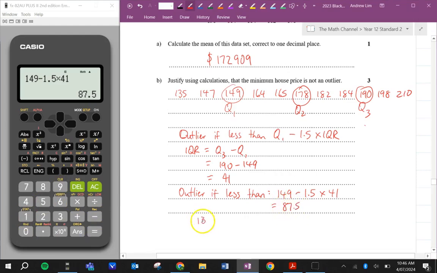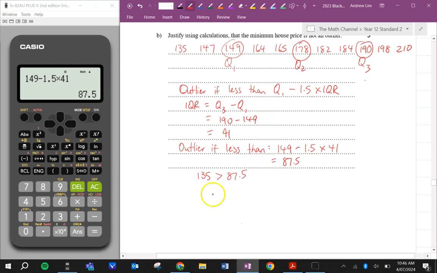And 135 is greater than 87.5. Therefore, the minimum house price is not an outlier.